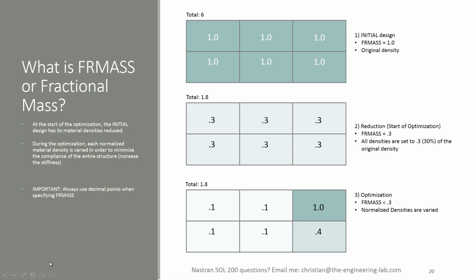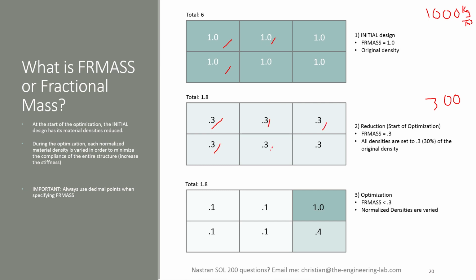What happens in this reduction stage, it takes each normalized density of 1 and reduces it to 0.3. So as an example, the density before was 1000, but then you reduce it by 0.3, then the density is now 300 kilograms per meter cubed. So it will do this for each element.